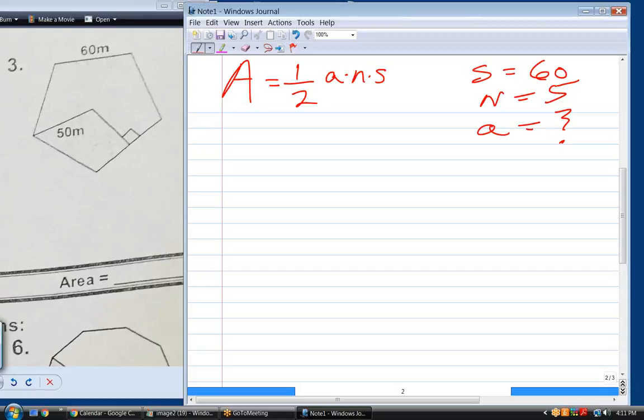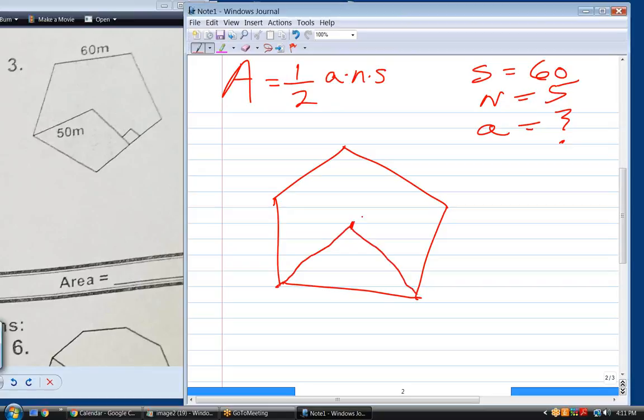So let's draw the pentagon. Now, typically the way you analyze regular polygons is you connect the center to each vertex, and you break up this 5-sided figure into 5 regular triangles. All these triangles are congruent.